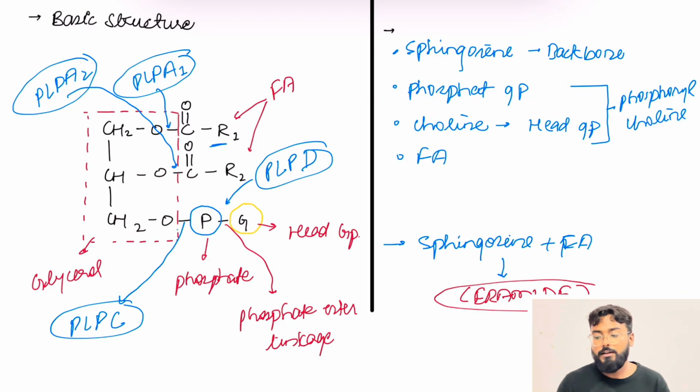So when ceramide and phosphoryl choline combine, they form your sphingophospholipid. Further, ceramide is formed by two components, sphingosine and fatty acid, and the phosphate group and choline, your head group, which is a base, combined are known as phosphoryl choline. So these terms, especially ceramide, you really need to remember.